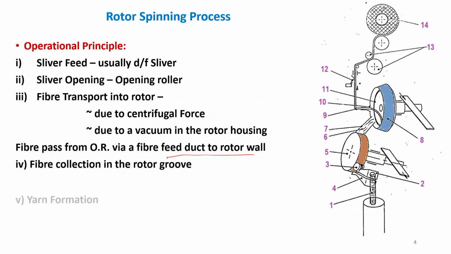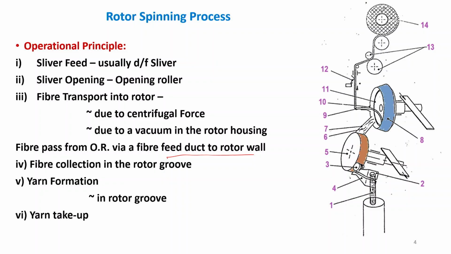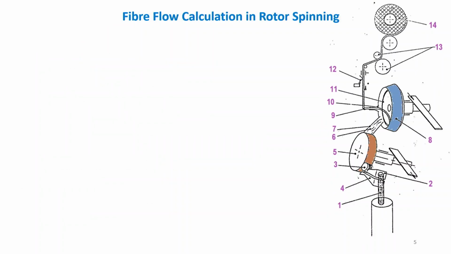Then comes yarn formation, which we have already discussed, where the twist flows into the yarn in the rotor groove, and then yarn take-off.